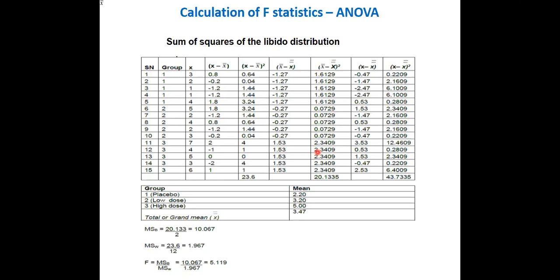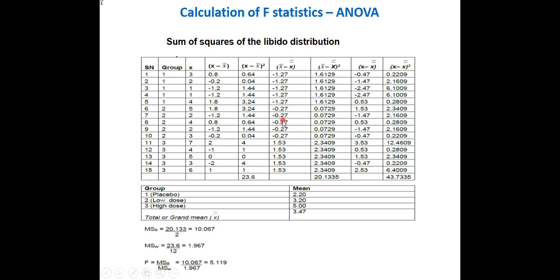So what you should do is remove the grand mean from each of the group means. For group 1, numbers 1 to 5, that's why you have the same value from 1 to 5: 2.2 minus 3.47, which gives you a negative value, minus 1.27.